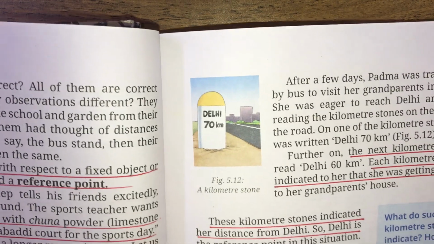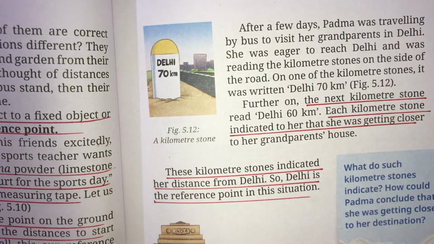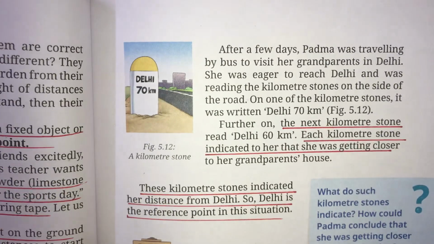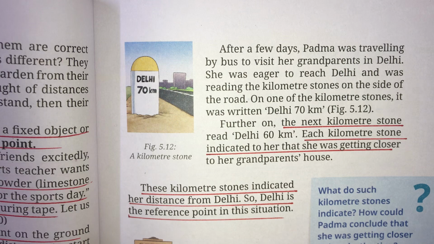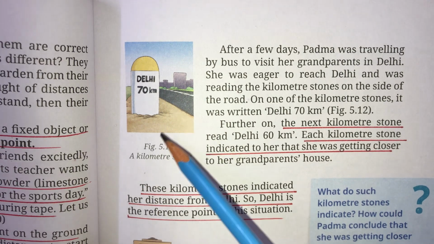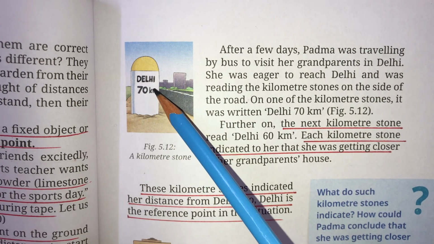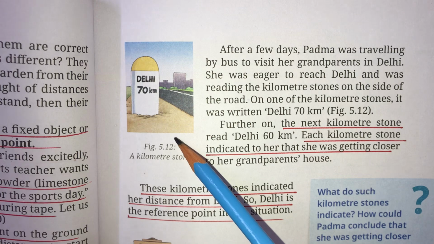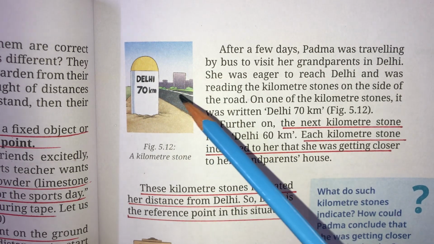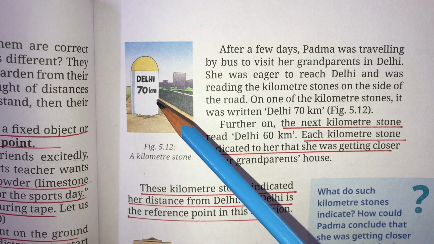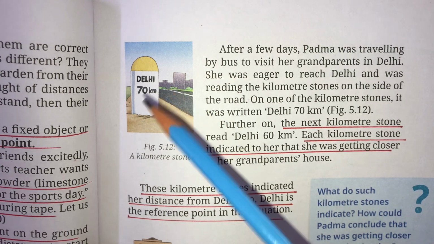And here the kilometer stone shows what it means and how it is measured. While traveling a longer distance or on a highway, we can see a kilometer stone like this. Here, for example, it is written as Delhi 70 kilometer. What does it mean? It means that we have to move 70 kilometers ahead to reach Delhi.